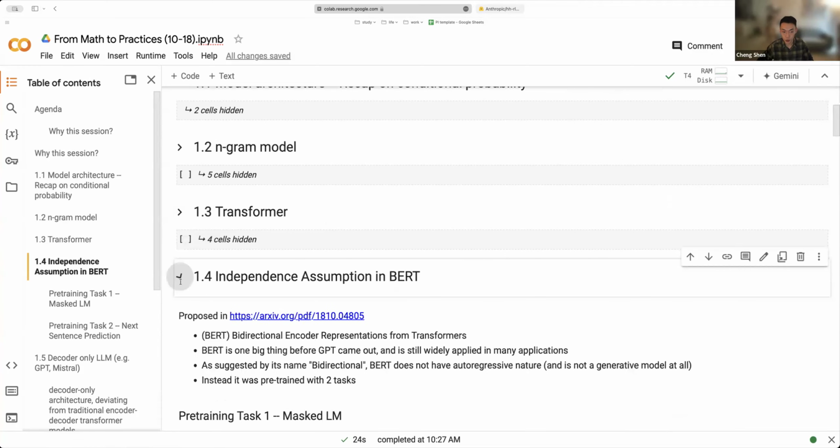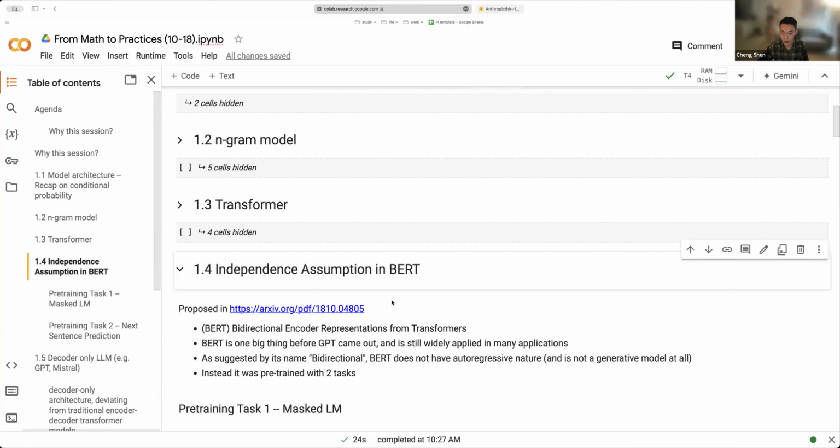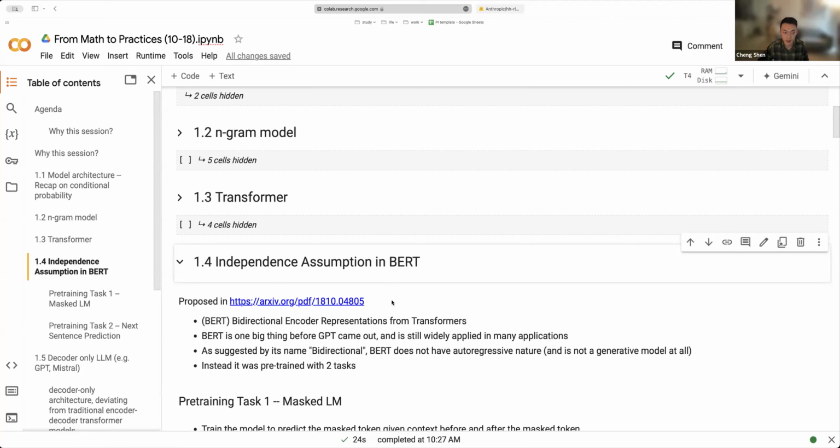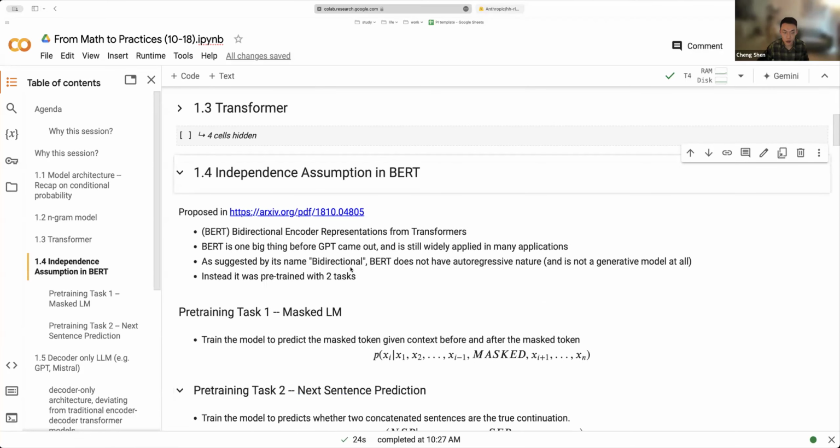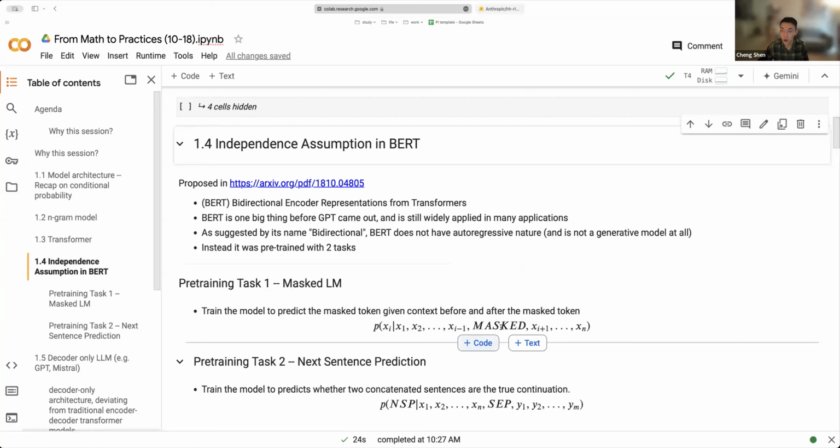One variation would be BERT. BERT was quite popular in the NLP world before GPT and decoder-only large language models came out. It helped a lot in NLP tasks like text summarization or sentence classification. One interesting thing with BERT is that during its training, it is no longer autoregressive.